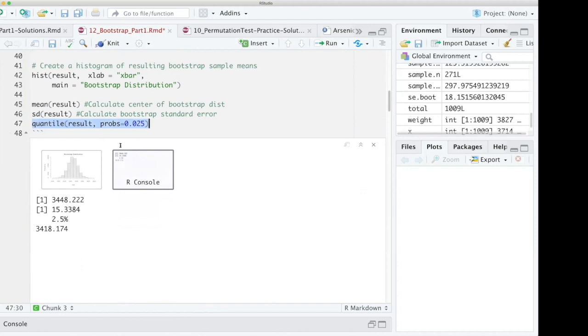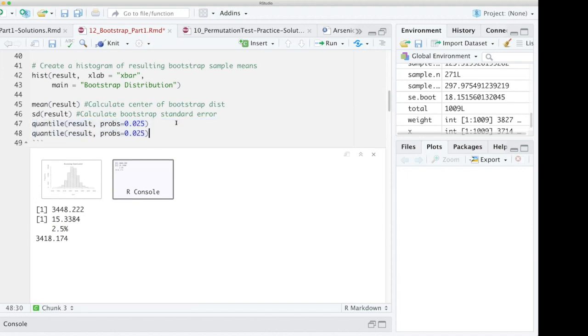Then, and it's nice that there's a little indicator. Oh no. My mouse has given up. Here it is. There's a little indicator over here of what the percentile is on top. If you want to do them both at once, so you can do them one at a time, like this and like this.